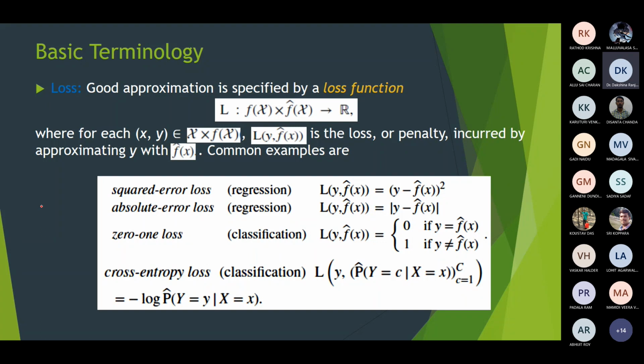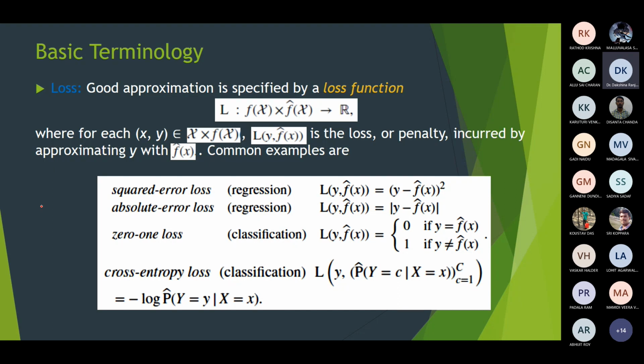Now, another important terminology is loss or penalty. How can this loss function be defined? If we denote the loss function as L, then the loss function denotes how good an approximation is obtained.